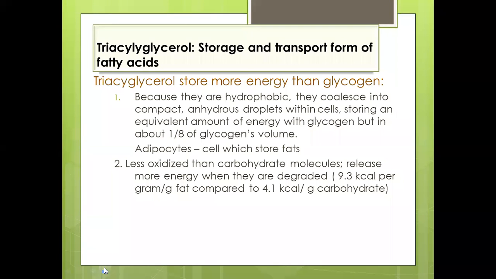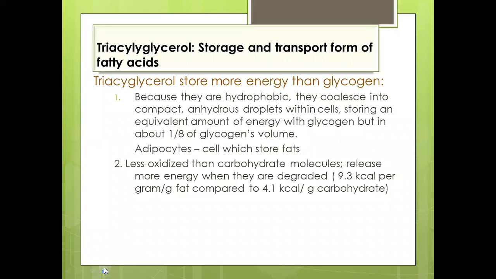So you can actually have adipocytes, which are cells which store fats. And another reason for triacylglycerol storing more energy than glycogen is that it is less oxidized than the carbohydrate molecules, in which it releases more energy when they are degraded.